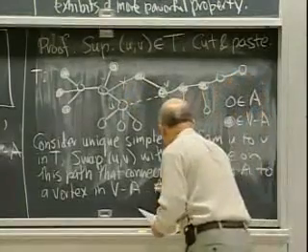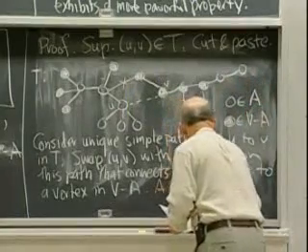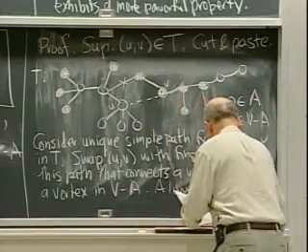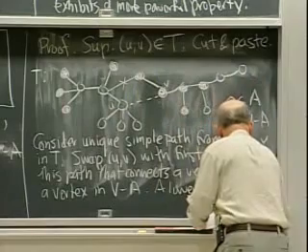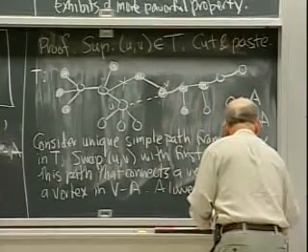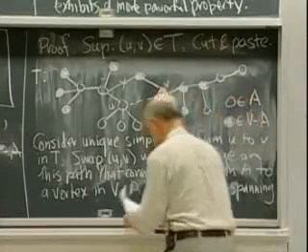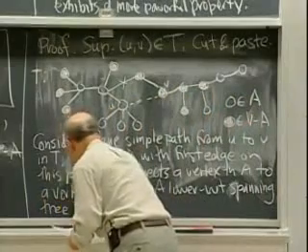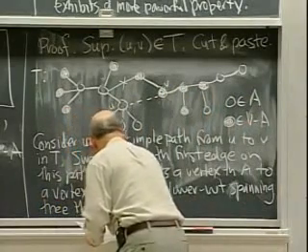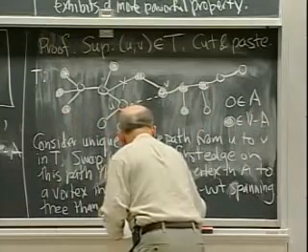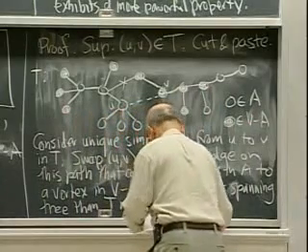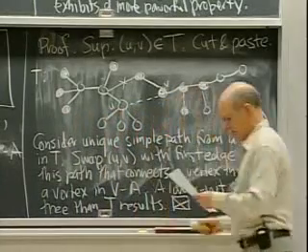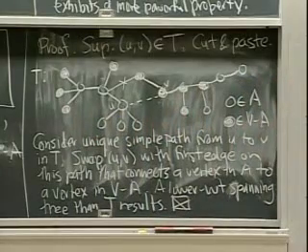So a lower weight spanning tree than T results. And that's a contradiction.